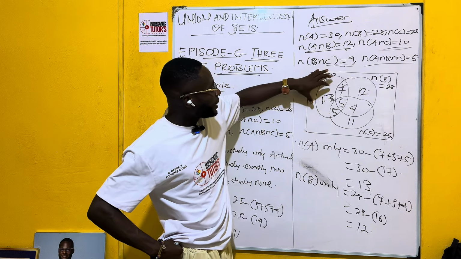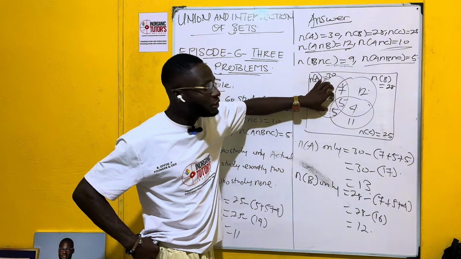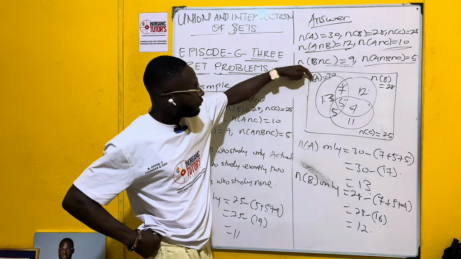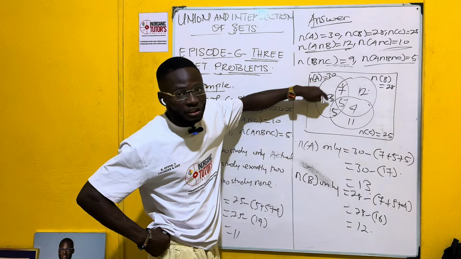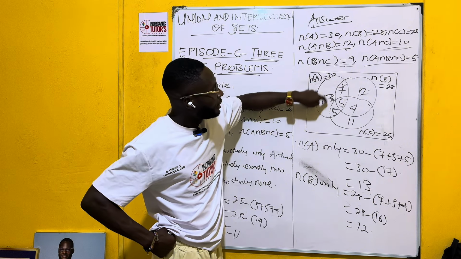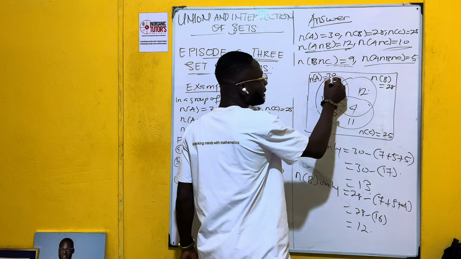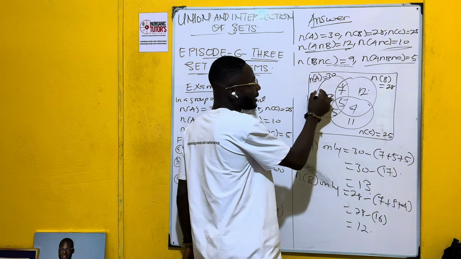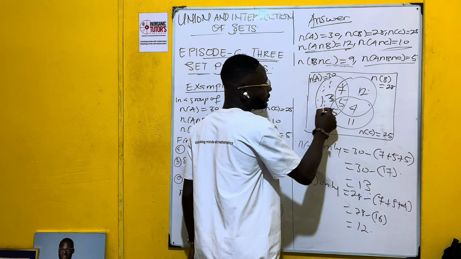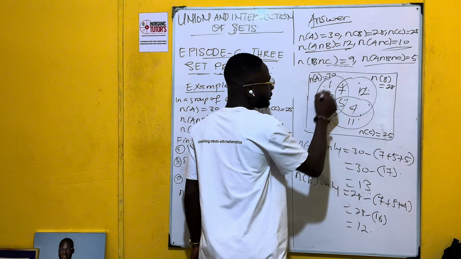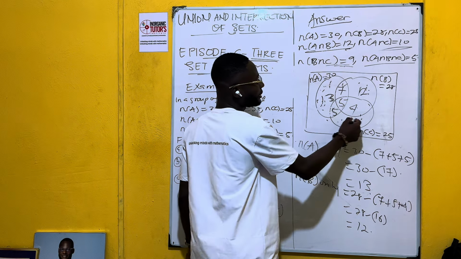Now, with this particular section that we are much interested in, the only section, this is the section we call exactly one subject. This section and this section are called exactly one subject.